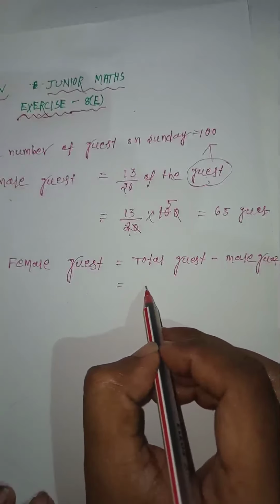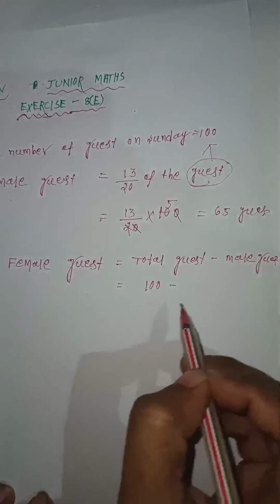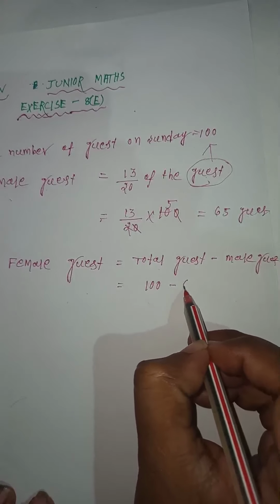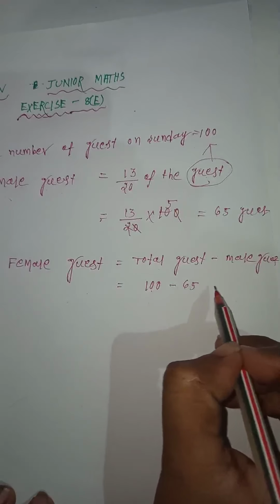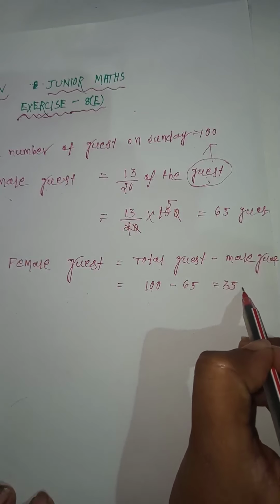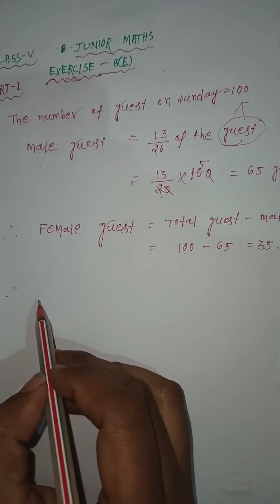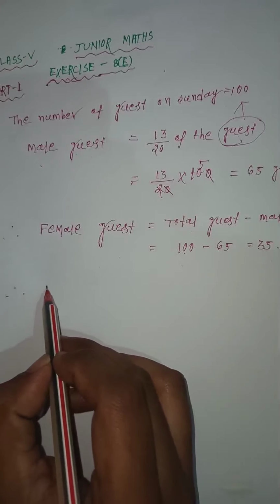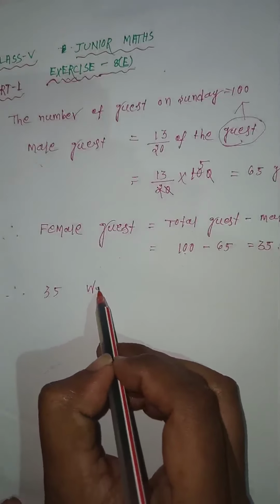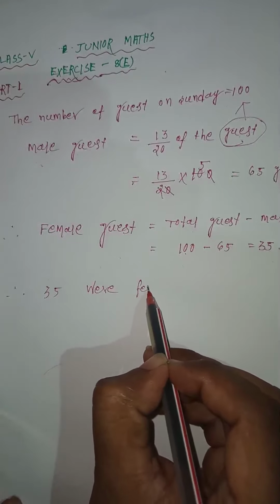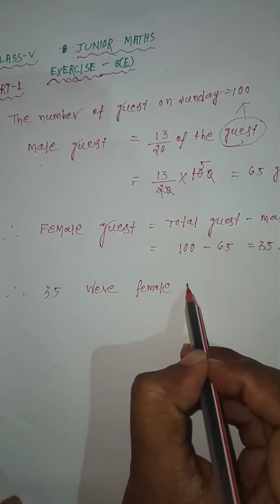So here total guest is 100 minus male guest 65. So 100 minus 65 equals 35 is the female guest. So we can write here, how many were female? 35 were female guests.